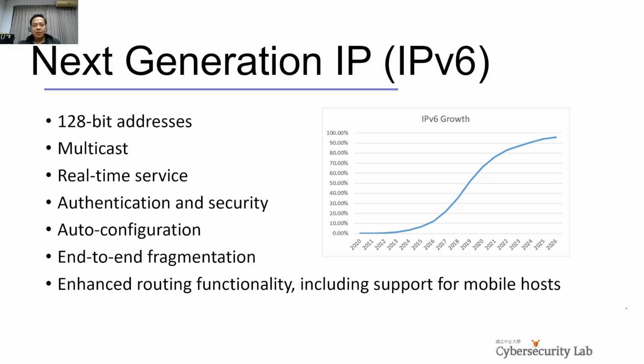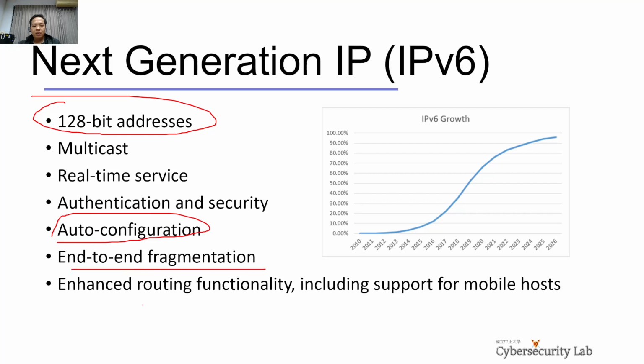And IPv6, you already know that, right? IPv6 includes a 128-bit address, and it can support many features like auto configuration and end-to-end fragmentation.